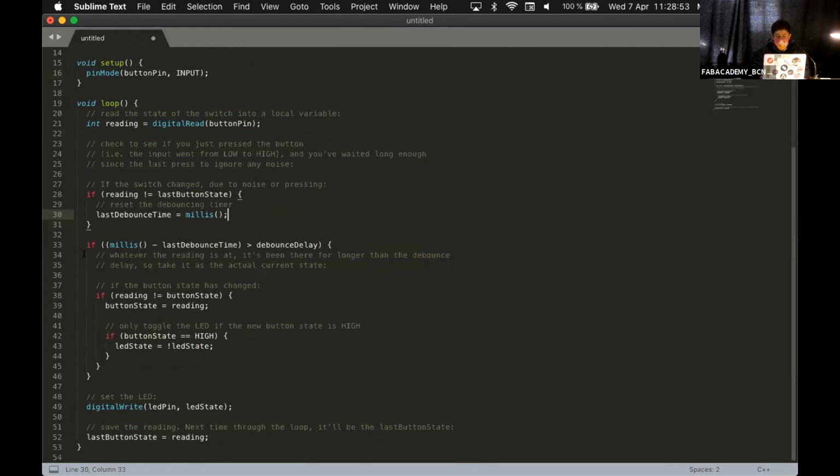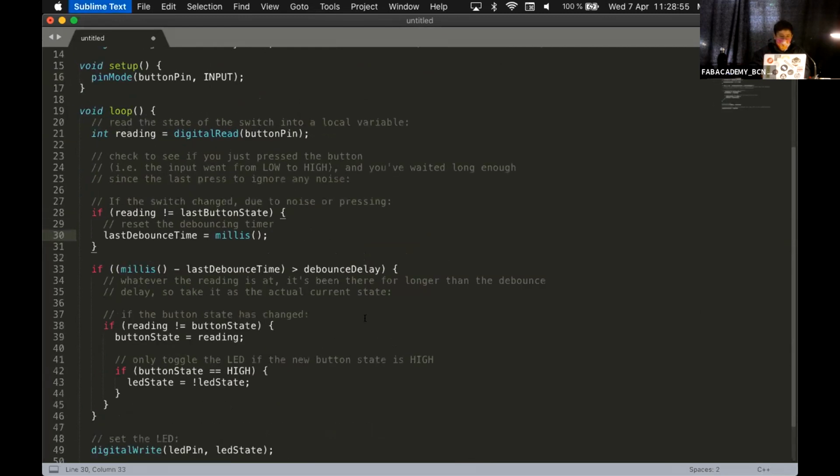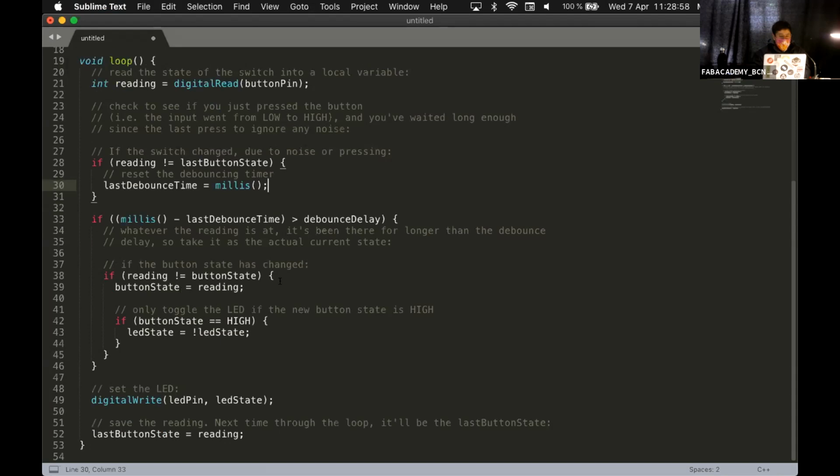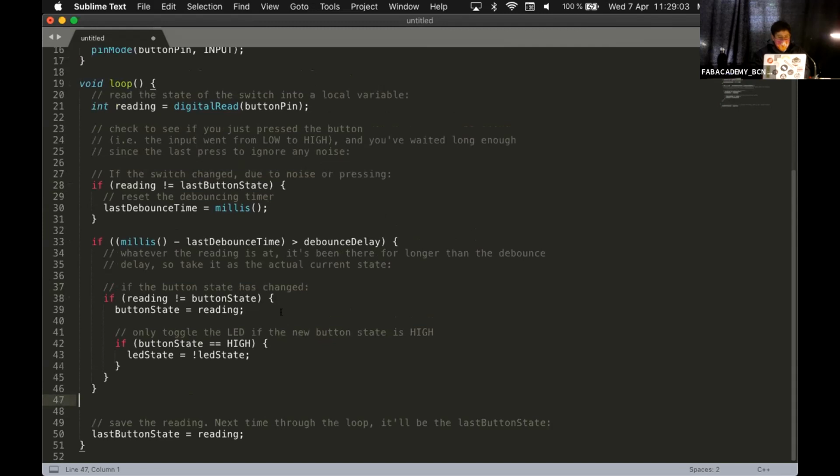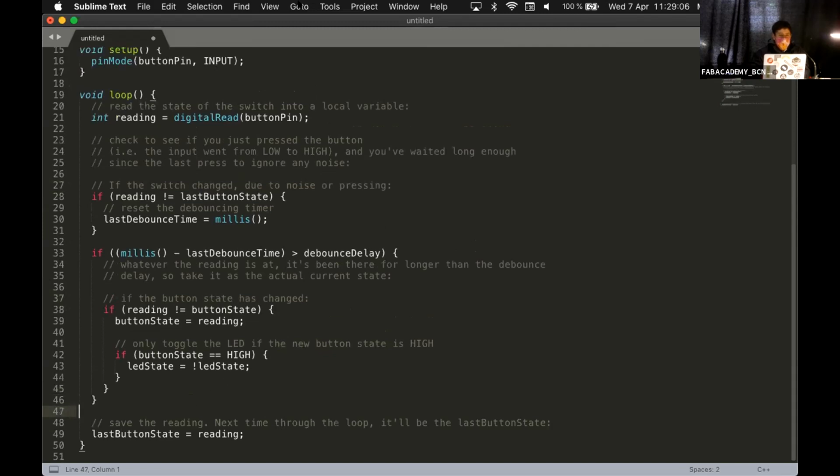So in the example, super quickly, what we are doing is constantly reading the input. And basically, if what we're reading is different from what we think the button is, for instance, we need a variable to store where the button state was previously.